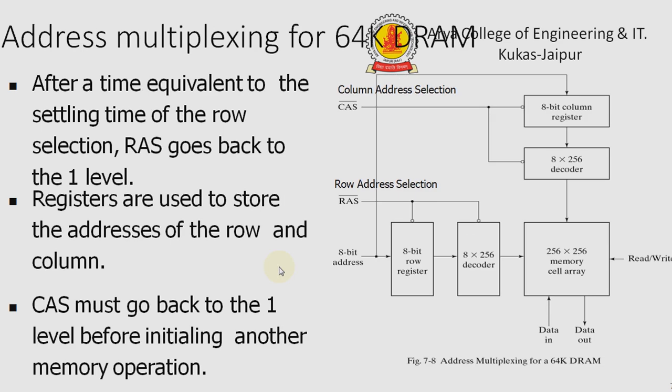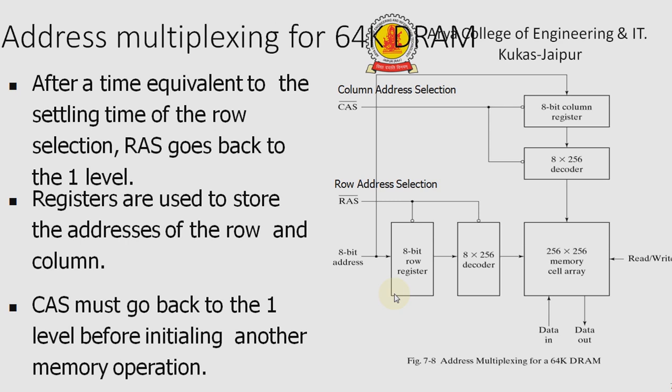So here, in a two-dimensional array, the address is applied in two parts at different times, with the row address first and the column address second. Since the same set of pins is used for both parts of the address, the size of the package is decreased significantly.